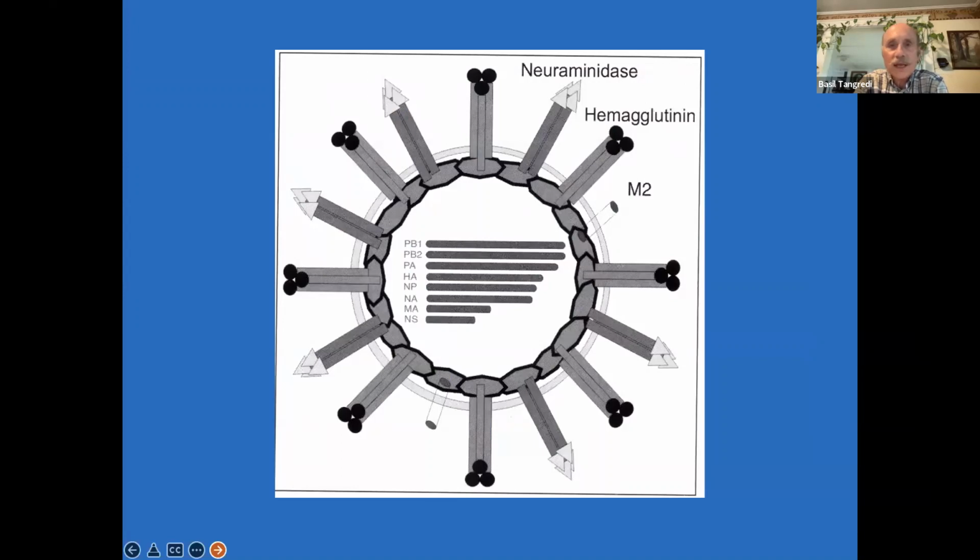The neuraminidase is another surface protein. This one is involved with guiding the virus through the host cell, and also in releasing the virus from the host cell to then go on to another host cell. And on the inside, you see the 8 segments of the RNA strand.